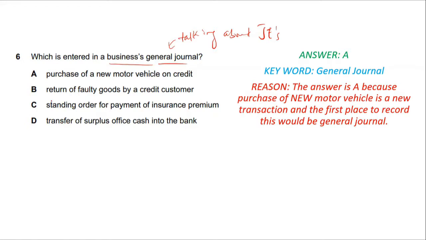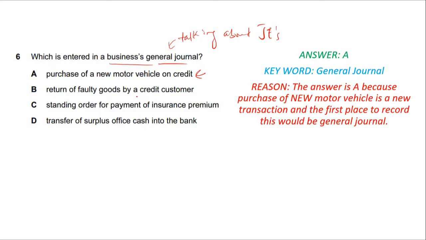Purchase of a new motor vehicle on credit, that sounds more like a good option, because it is a purchase of a new motor vehicle. It was never recorded in the business. So probably option A might be the right one, but we will go through option B, C, and D as well.